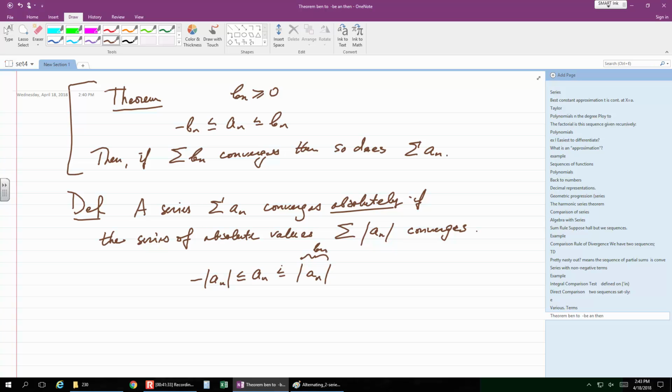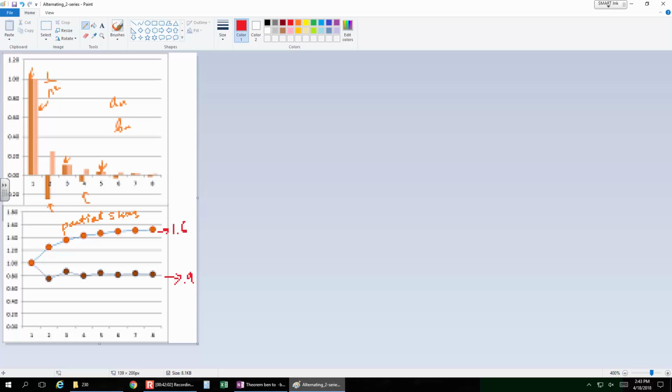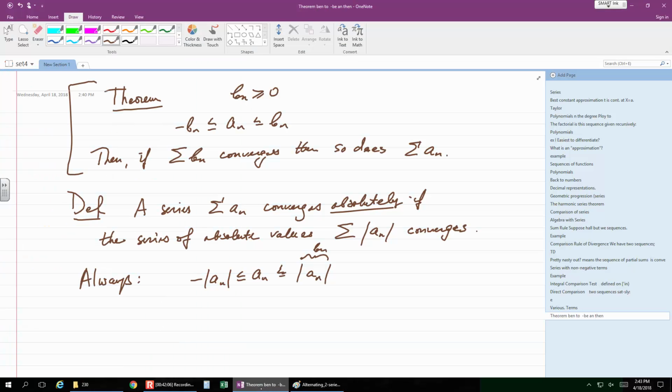That's the most interesting application of this theorem, to choose b_n in a specific manner from a_n by taking the absolute value of these terms, and that's how you create the squeeze of that sequence, and that proves it indeed. So this is always true: a_n is squeezed between the two sequences.